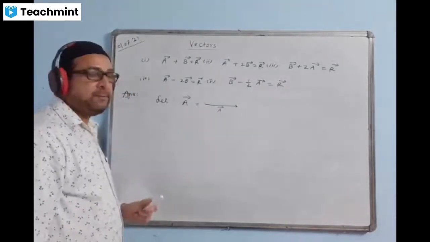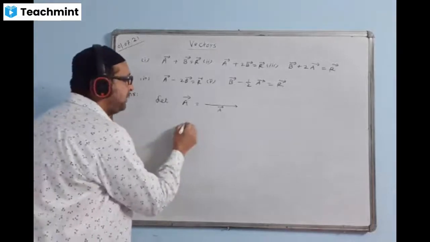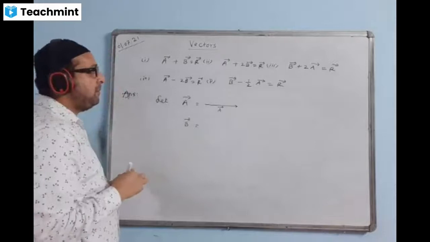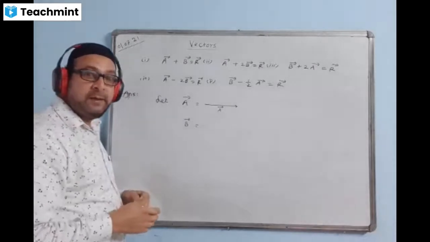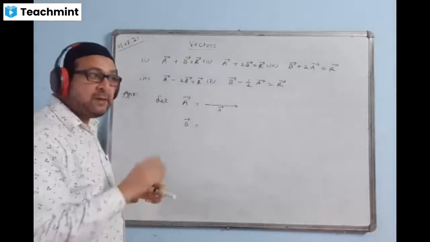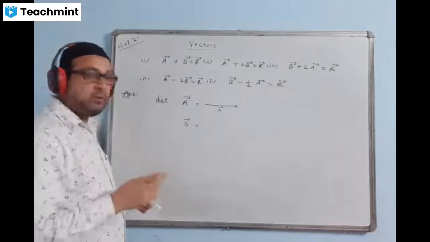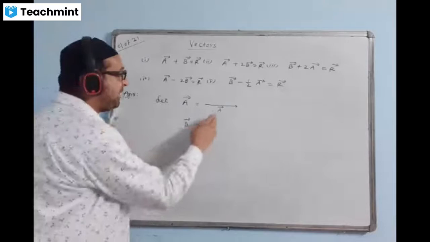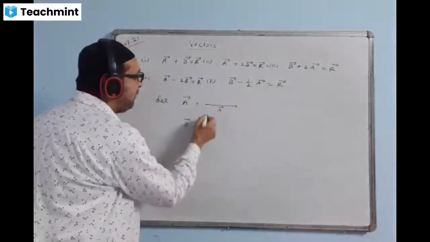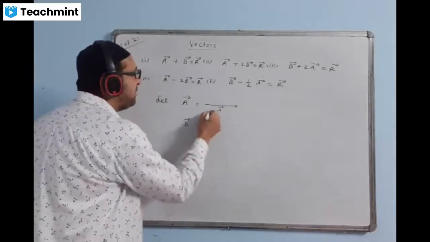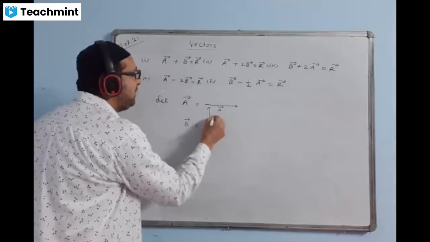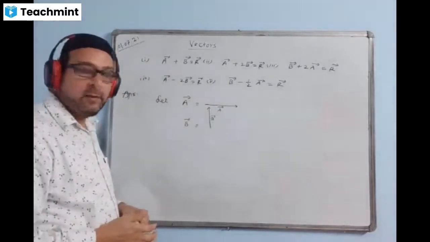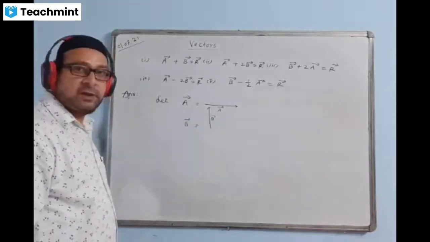Let us take 2 centimeters for A. What type of vector is B? It is mentioned in the question. Vector B is equal in magnitude to A, but perpendicular. Perpendicular means it can be either this way up or this way down. So I take it perpendicular like this. This is also 2 centimeters. The size is also the same. We are assuming in the beginning: A is like this, B is like this.